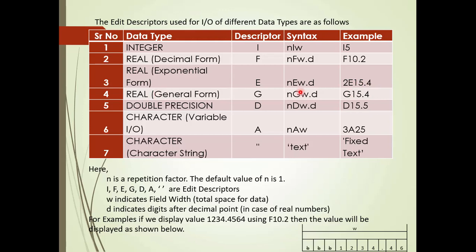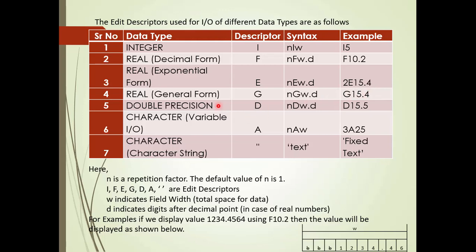The real general form is G, where we can use either exponential or decimal form. In that case the syntax is nGw.d, where 15 is the spacing and 4 digits after the decimal point.